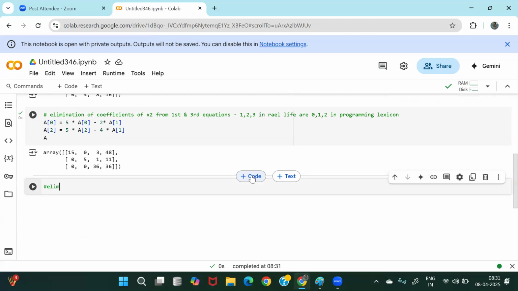Next, and the last, elimination of the coefficients of x3 from the first and second rows. I mean of x2 from the 0th and first rows in computer lexicon.